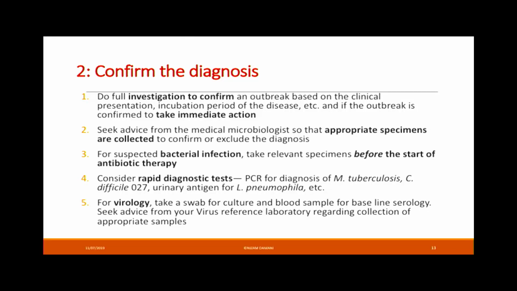This has two implications, not only for IPC, but also for patient management. That means the patient is on appropriate therapy or not on appropriate therapy. It will help you to minimize the misuse of antibiotics. Once you know it's a viral infection, there's no point giving antibiotics, isn't it? Or in case of legionellosis, appropriate antibiotic therapy and full investigation.